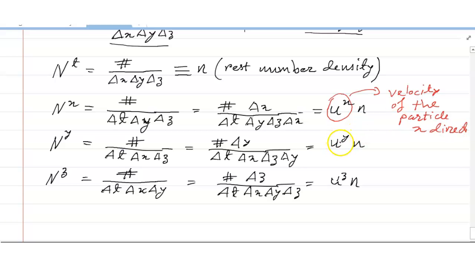Similarly, uy is also the velocity of the particle in the y direction, and uz is the velocity of the particle in the z direction.